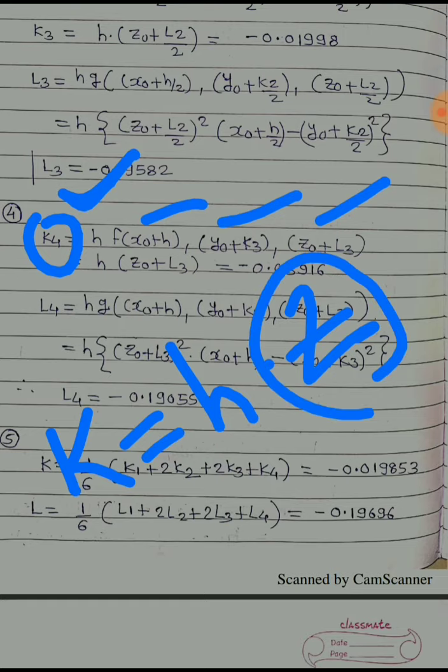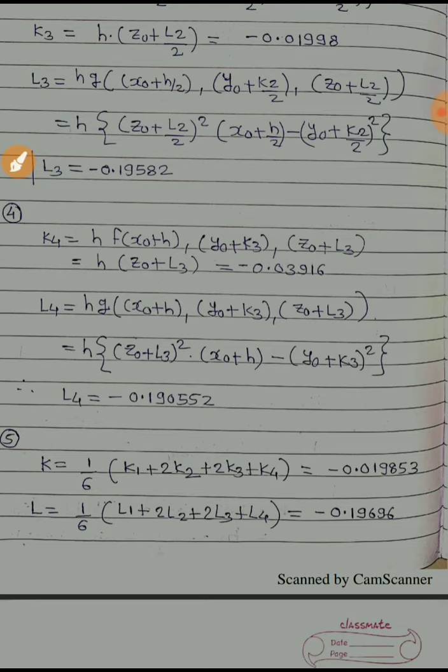So instead of z only, I am going to use z0 plus L3. If I put the value of h, z0 and L3 here, I will get k4 is equal to minus 0.03916.